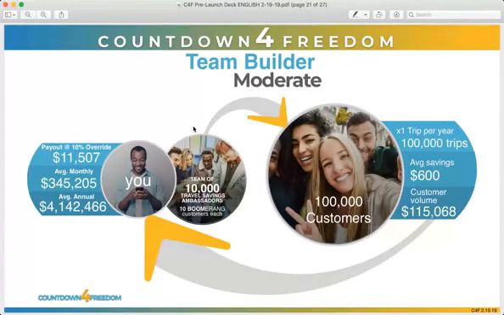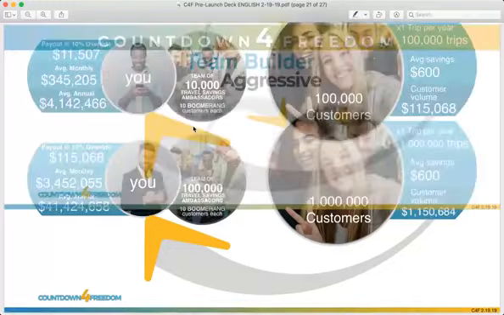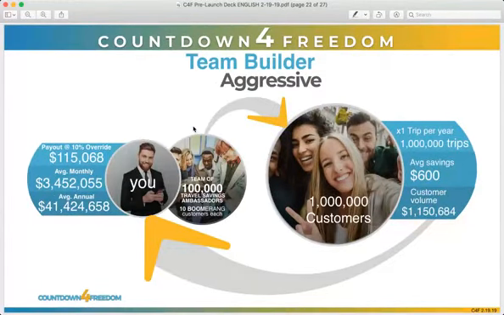Now, some of you say, I built teams of 100,000 or more. Well, we do have that aggressive example. It's important you understand the disclaimer at this point. This is not a guarantee of income. It's sharing with you what's possible with diligence and work and effort and following the system.